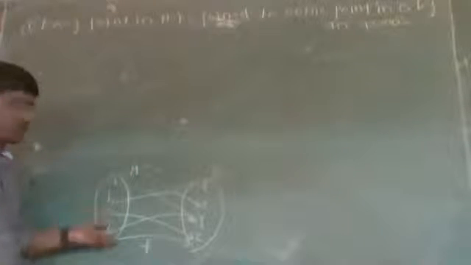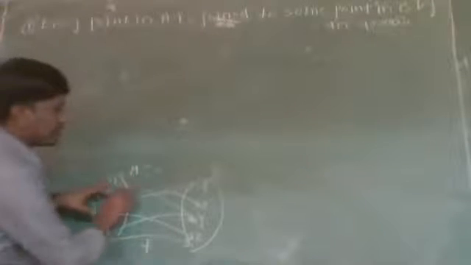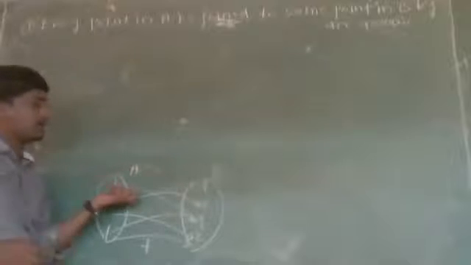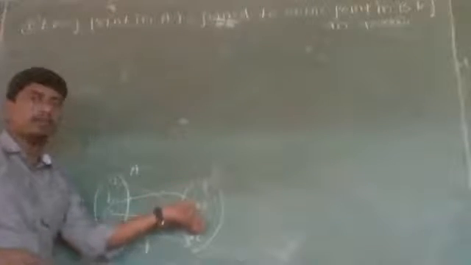This statement says that every point in set A is joined to some point in B if f is a function from A to B. Here, set A contains four elements, and each element in A is joined to one point in B. So this one is correct.